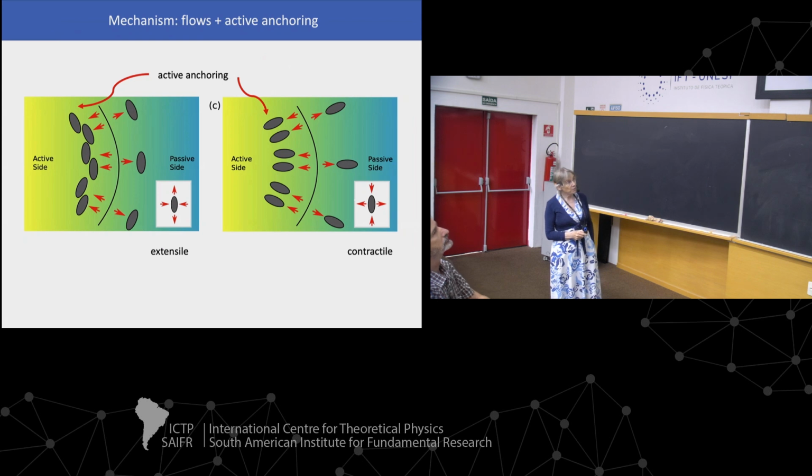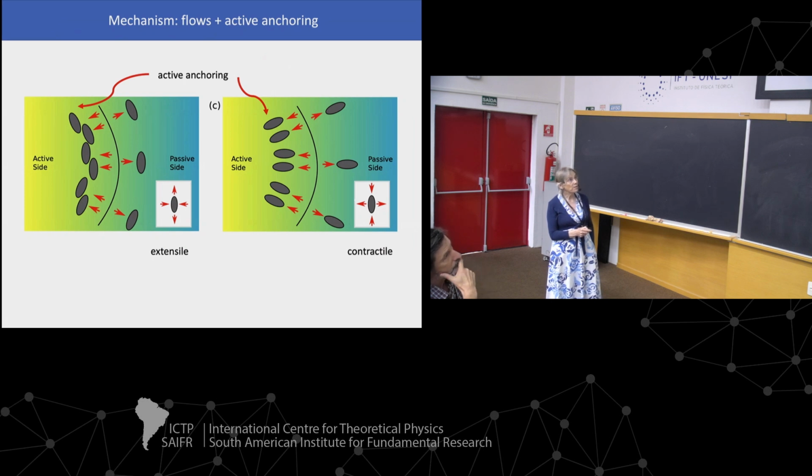Same thing works for a contractile system because you actually have two changes of sign. Let's have a small fluctuation which says I have more of the active nematogens on this side of the interface. They're contractile, so active anchoring says that they point in this direction relative to the interface.